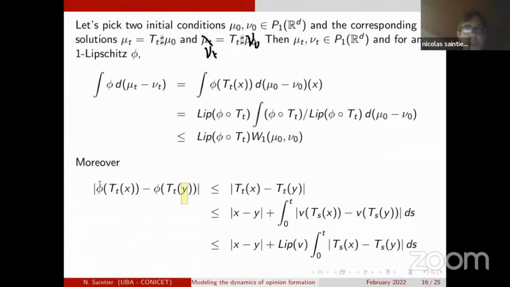Use that phi is 1-Lipschitz, and then I need to check that this flow is Lipschitz, which is easy, because you just have to remember that T sub t at time zero is equal to x, and its derivative is the vector field v.